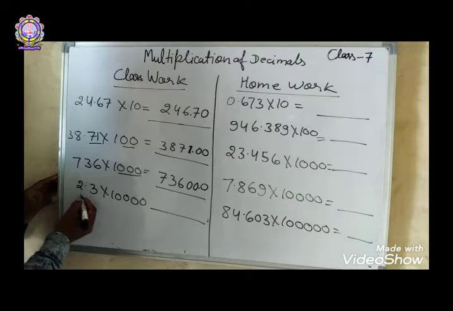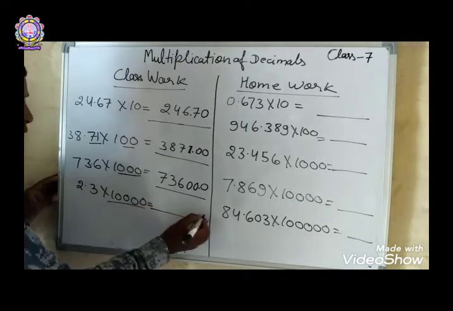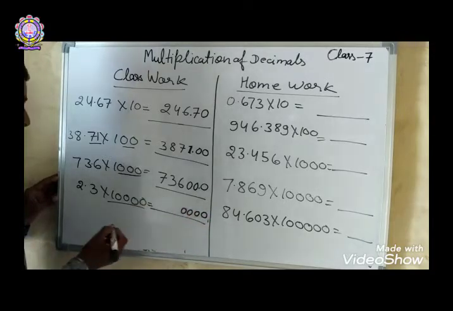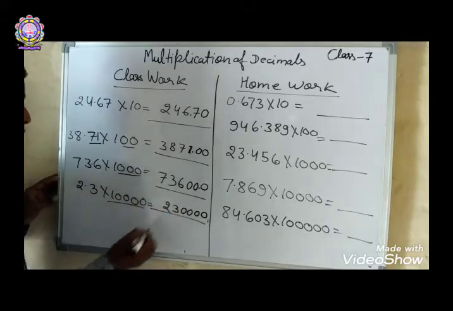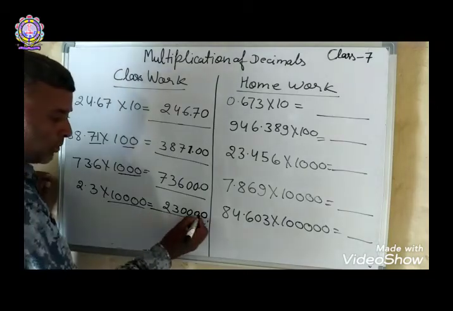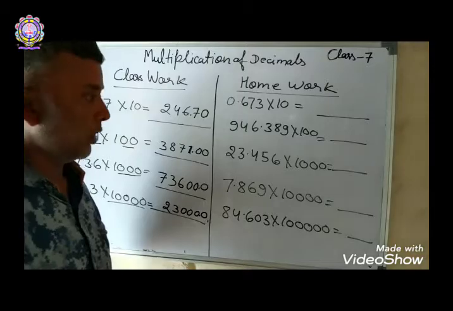And now check the next. How many zeros here? 4 zeros. So 1, 2, 3, 4 0. And 1 3 is 3, and 1 2 is 2. Where is the decimal? Last 3. So we use the decimal here. Do you understand? Okay.